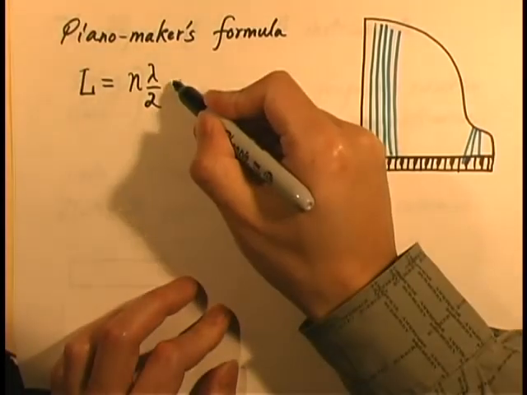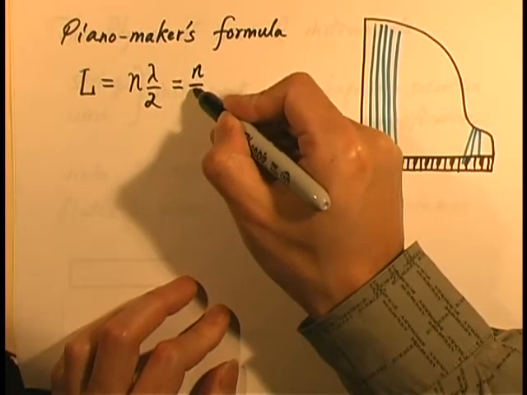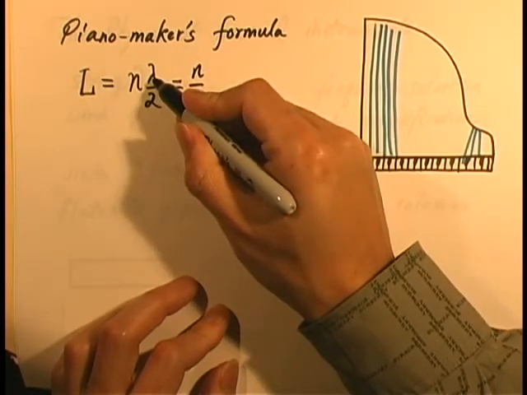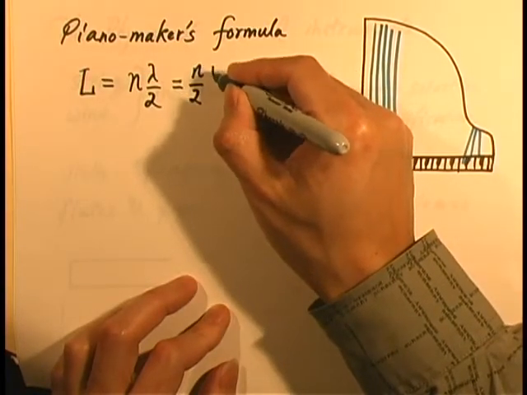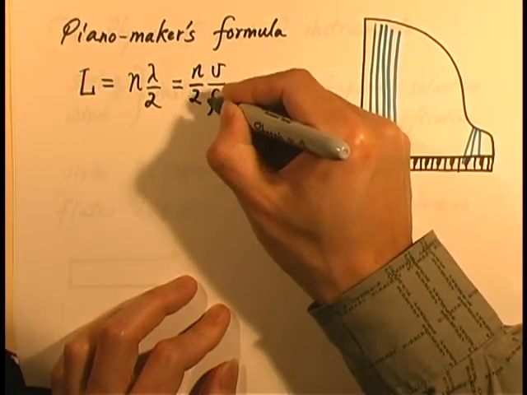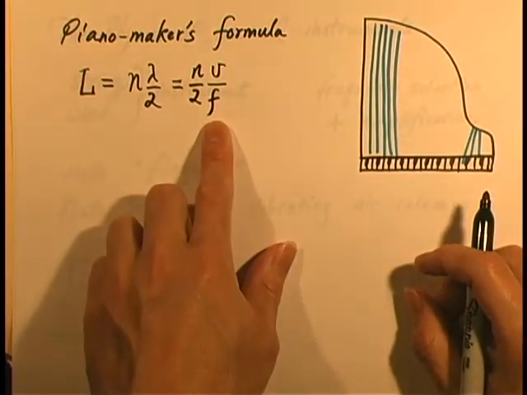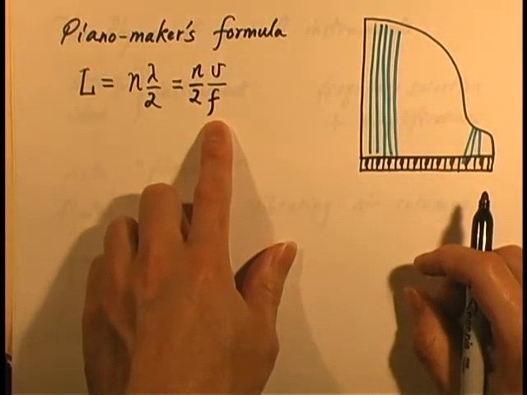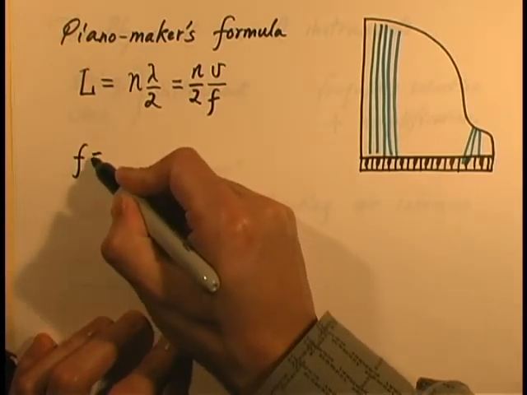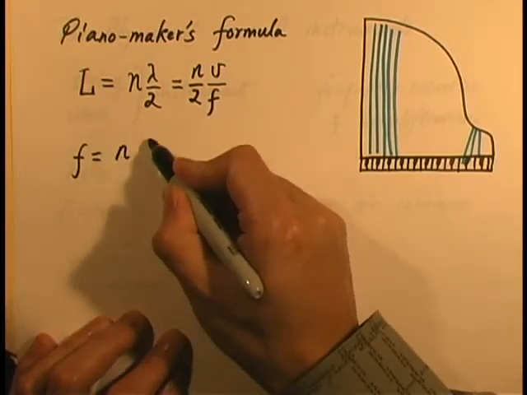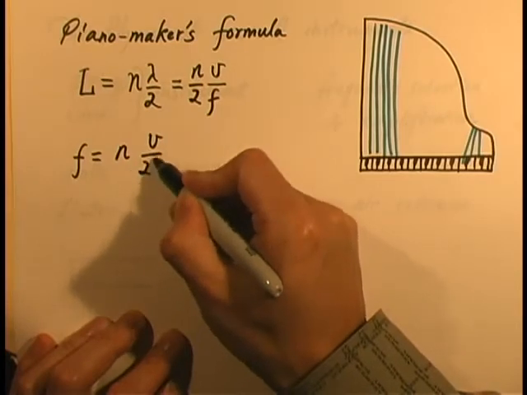So let's look at the frequency. The wavelength equals the speed of the wave divided by the frequency. Let us now solve for the frequency. So the frequency equals N times V over 2L.